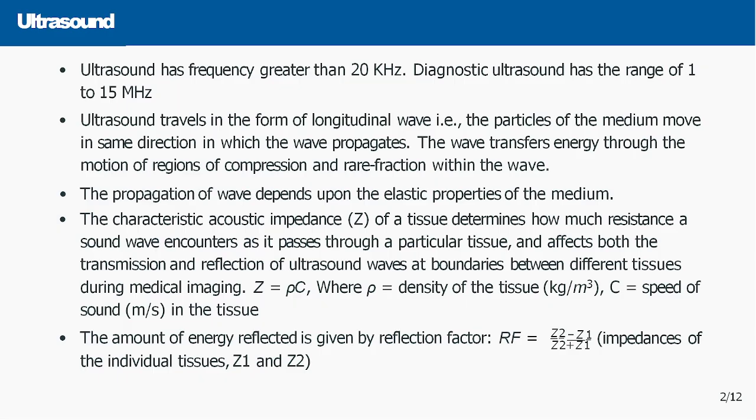Actually, this is in the range of RF, radio frequency signals, but radio frequency signals are electromagnetic signals, whereas these acoustic signals are mechanical signals. Their source is not magnetic. So that is the difference.